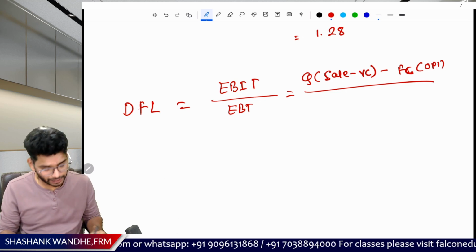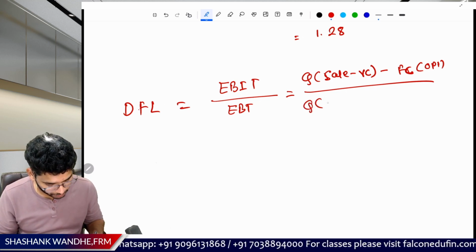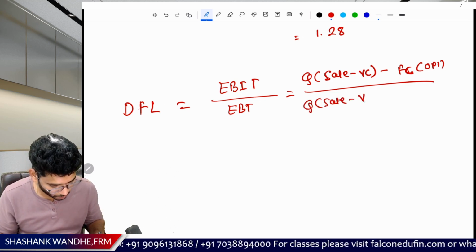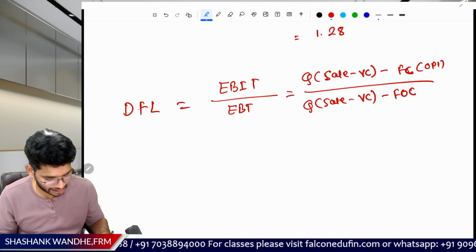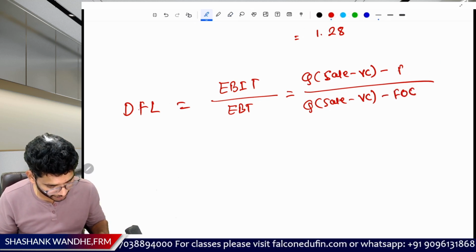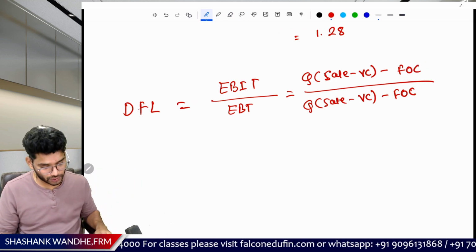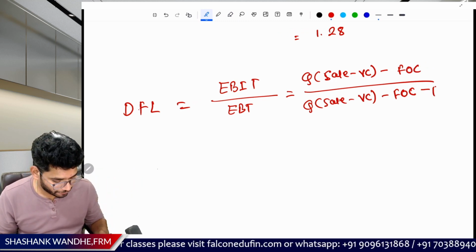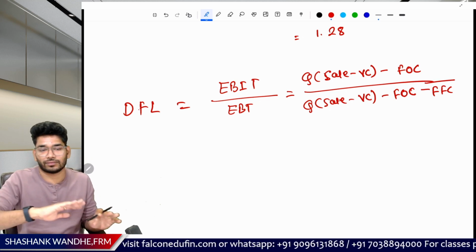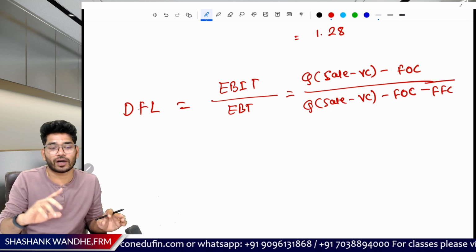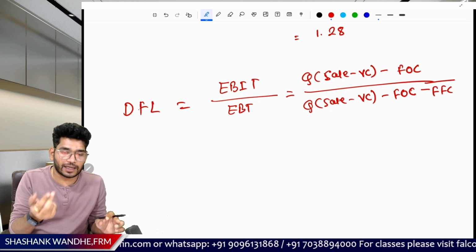And what is your EBT? Same formula. Sale minus variable cost minus fixed operating cost, FOC, fixed operating cost, minus fixed financing cost. I am writing it in short because how you write the formula is not important for your exam. How you understand the formula is very important.